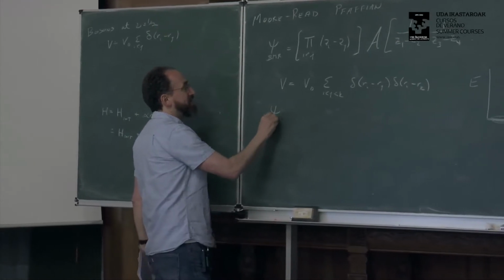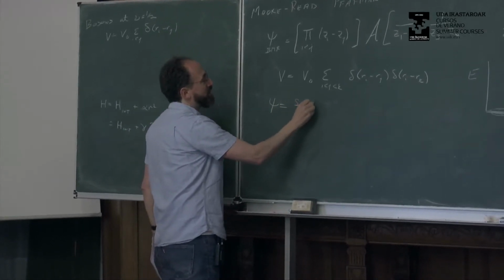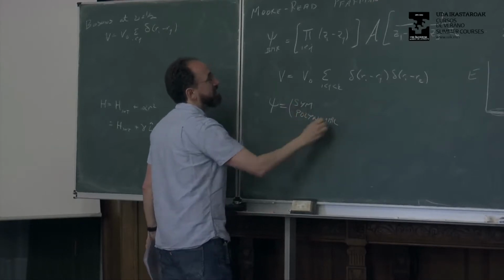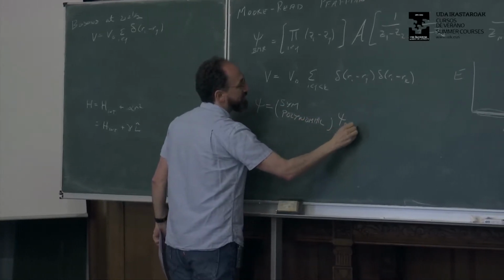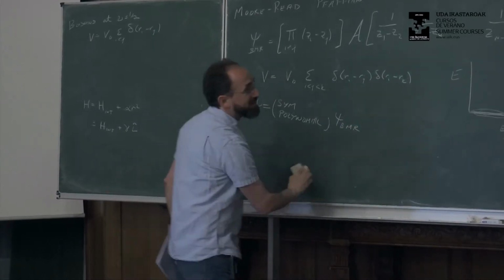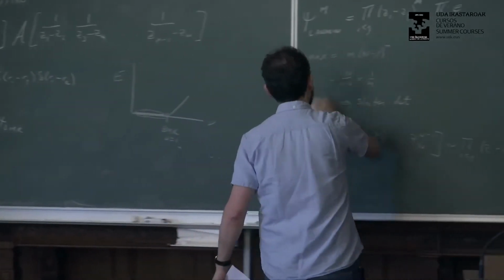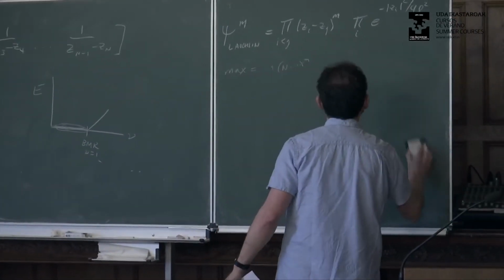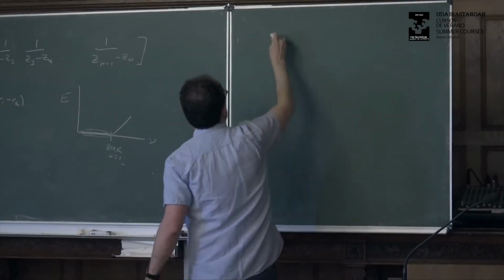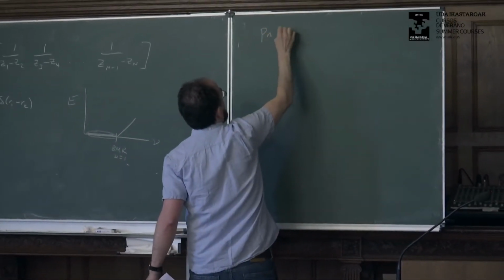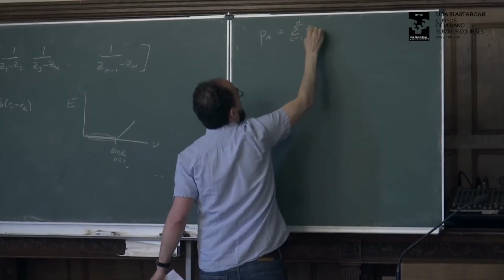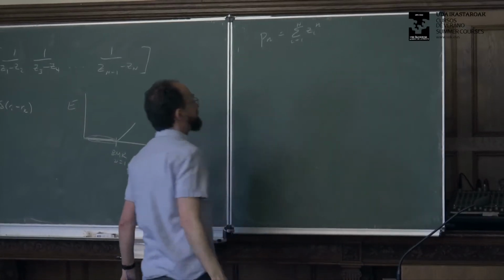We can say, let's write psi equals some symmetric polynomial times the ground state, psi bosonic Moore-Read. And then we can enumerate these exactly as we did for the Laughlin state. For 1 unit of angular momentum, we write down the power sum p_n equals the sum over i from 1 to n of z_i to the n.